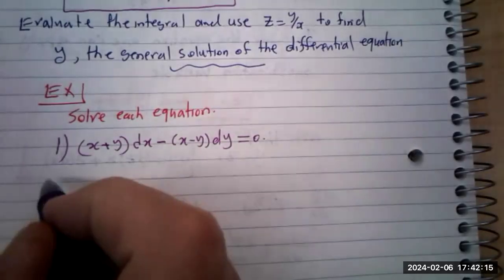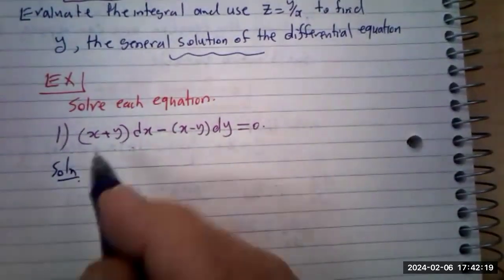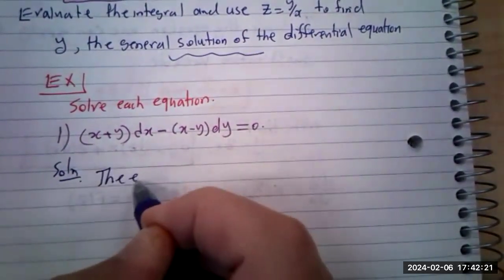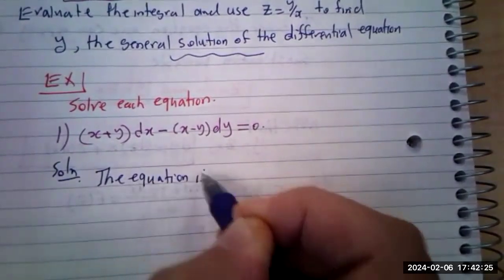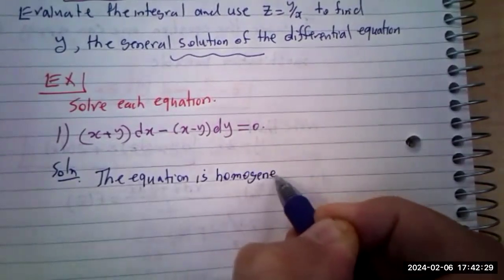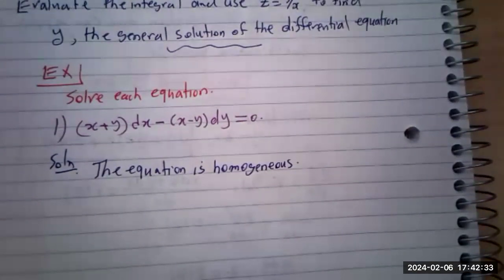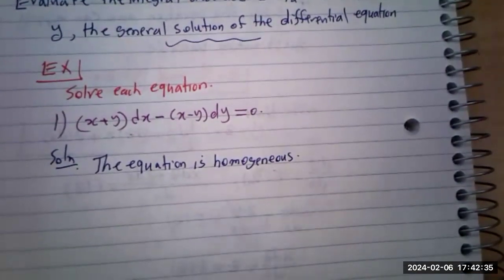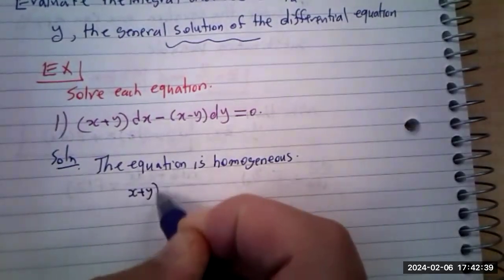So let's do it. This is it. Solution. Quickly, we recognize that the equation is homogeneous. So just do the algebra the way you are going to organize it.